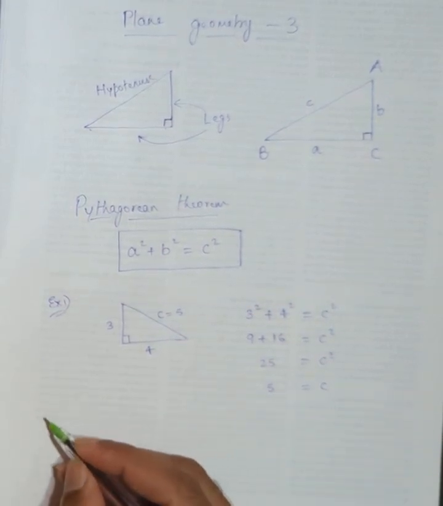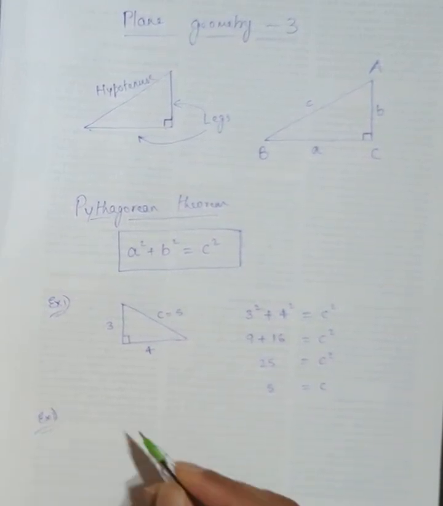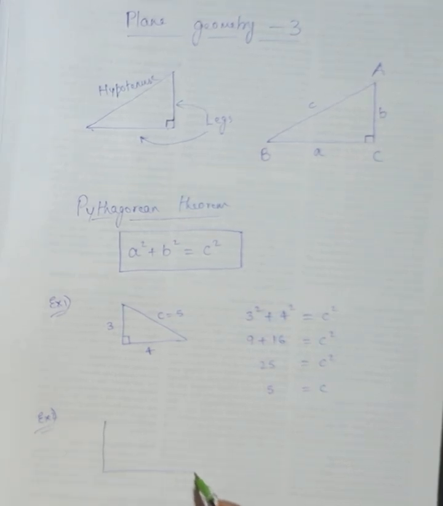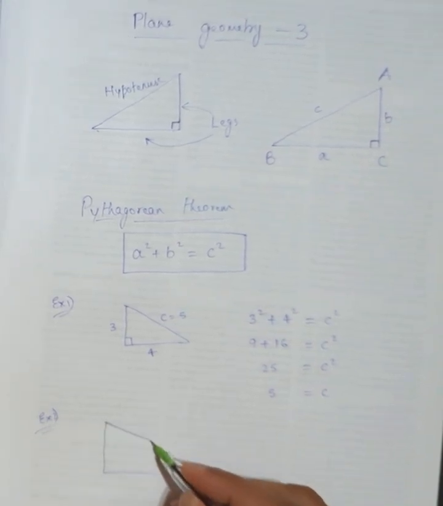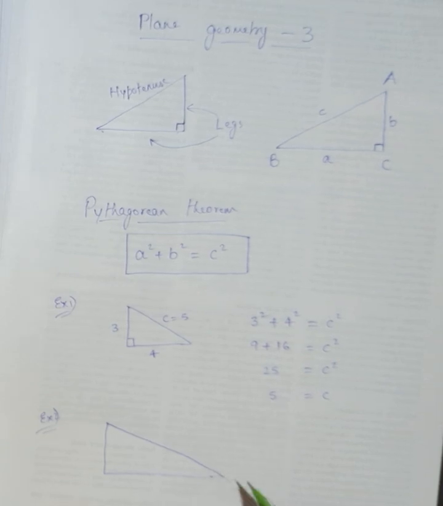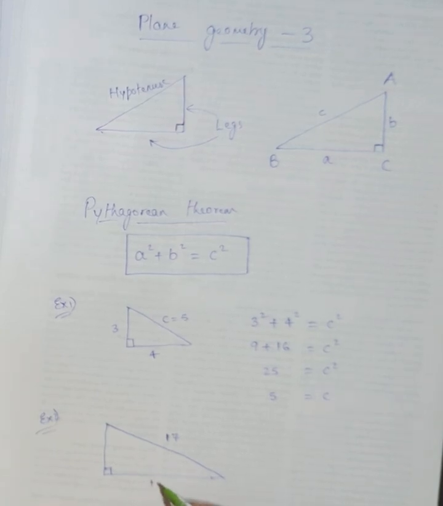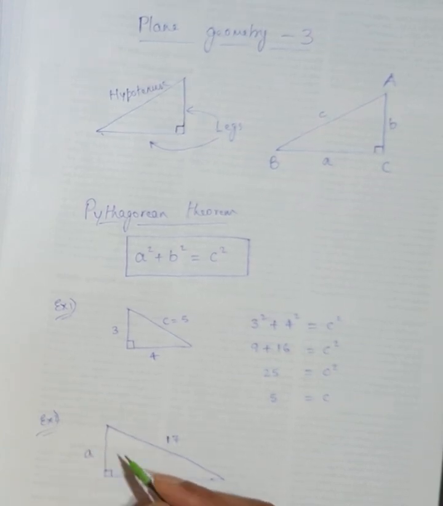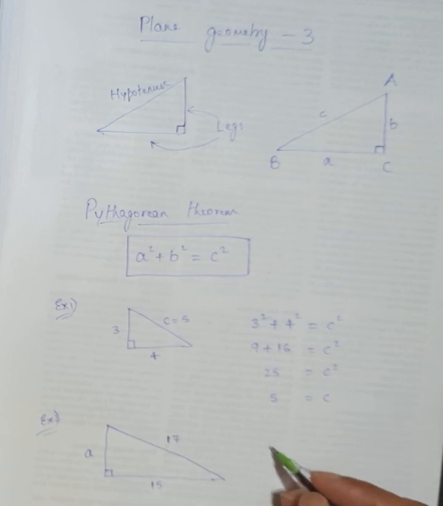Now let's look at one other example where I may not know both the legs, but I may know the hypotenuse and a leg. So this time I know these two sides and I need to find the remaining leg. Let's use the letter a for this leg and apply the Pythagorean theorem again.